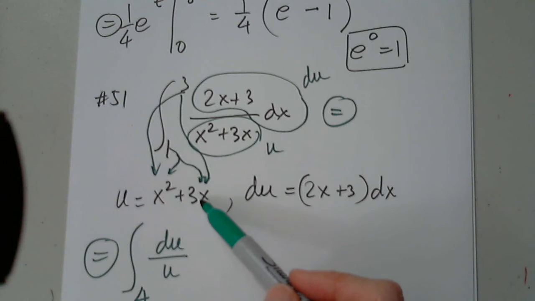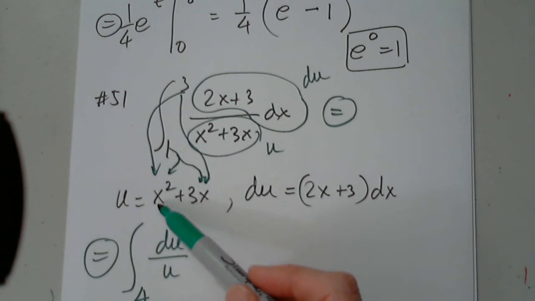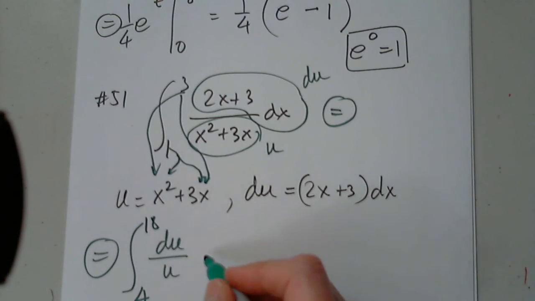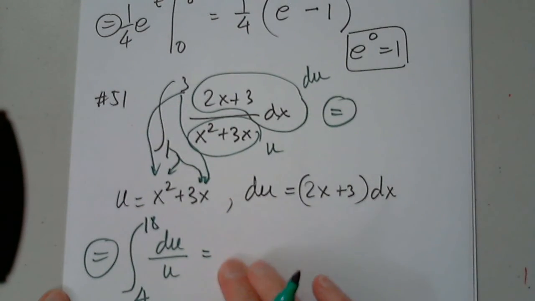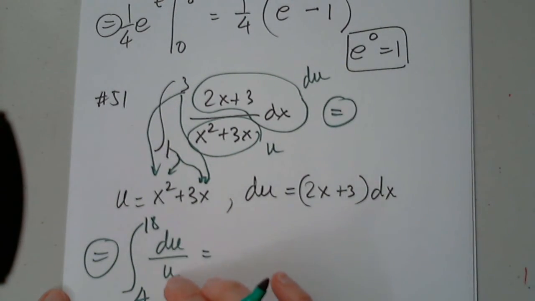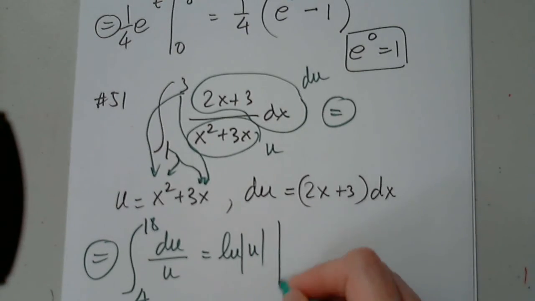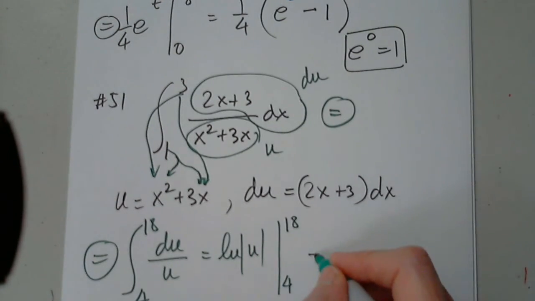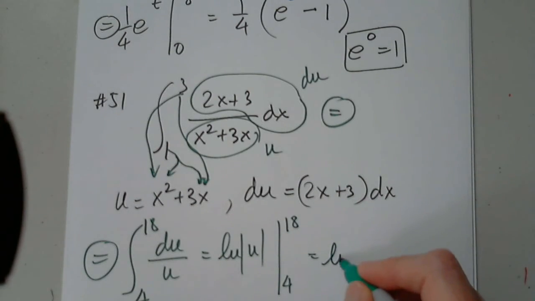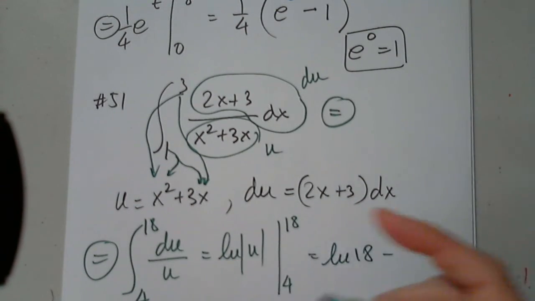So we have 9 plus 9, right? 18. Good. Which function prime is 1 over u? There is only one function whose derivative is 1 over u. Natural log of the absolute value, from 4 to 18. I plug in 18. I subtract when I plug in 4. Very good pick.